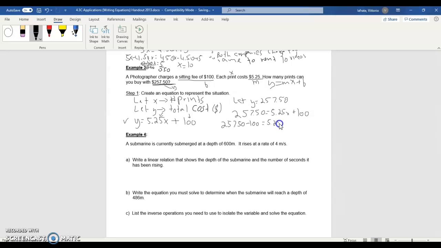So 5.25x plus 100 minus 100. And so in the end we'll get 157.50 is equal to 100 minus 100 is 0, so 5.25x.